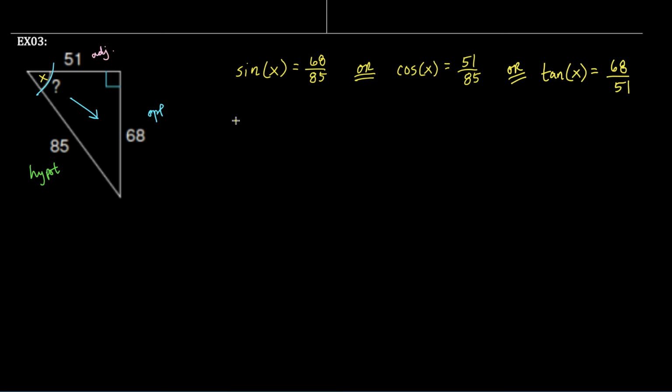So I'm going to just do it like this so I can show you a little better. So inverse sine of 68 over 85 equals, and then I'm going to put the inverse cosine of 51.